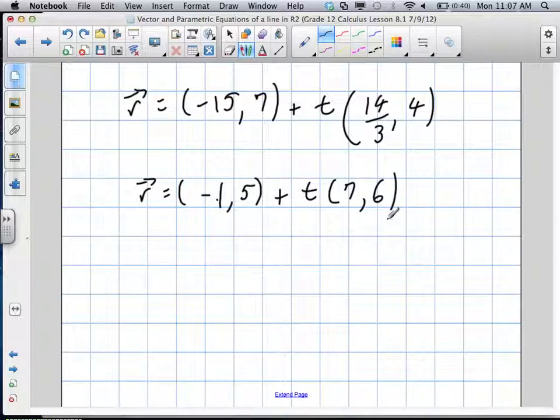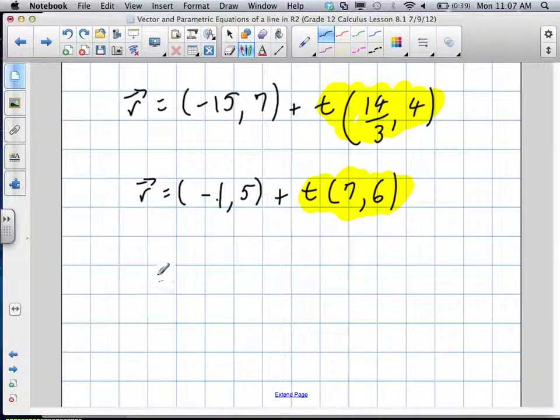What we're going to do is first of all find out if our two directional vectors are the same. Are these two directional vectors, this part here and this part here, the same? If they're not going the same direction, we're definitely not talking about the same line. So in other words, is one a scalar of the other?